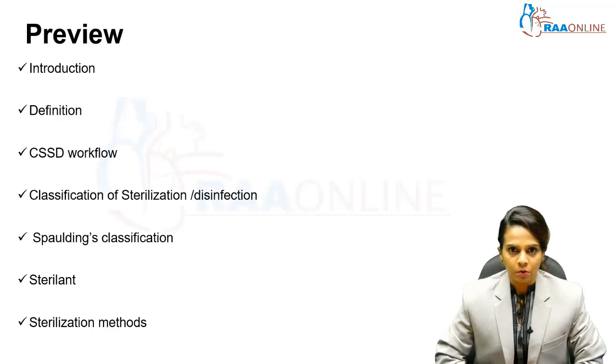Then the classification of sterilization and disinfection, and Spaulding's classification of medical critical items and medical devices, followed by sterilant. Sterilant is an agent that causes sterilization. Then a detailed presentation of sterilants and sterilization methods, like physical methods and chemical methods. So these are the things we are going to cover in this lecture.